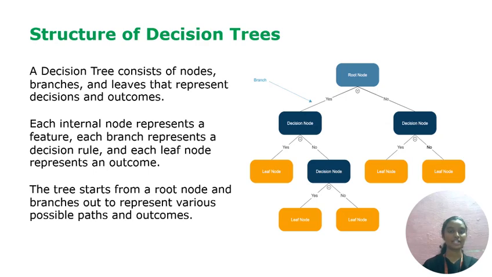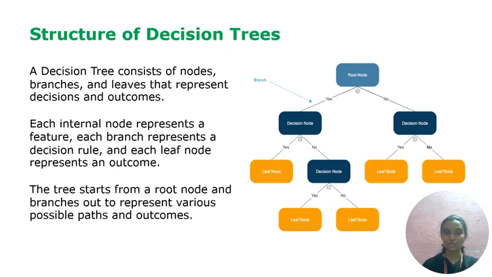The structure of decision trees. A decision tree consists of nodes, branches, and leaves that represent the decisions and the outcomes. Each internal node represents a feature, each branch represents a decision rule, and each leaf node represents an outcome. In this given tree, the starting node is known as the root node, which is further divided into many branches known as the decision nodes, which are present in between the leaf node and the root node.